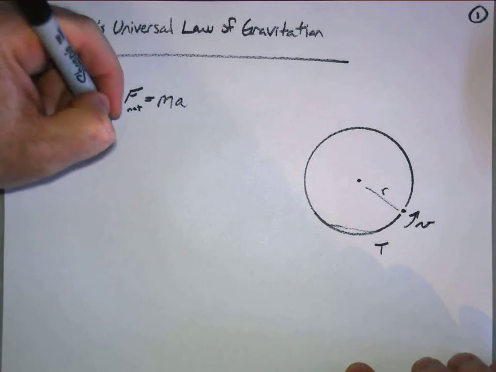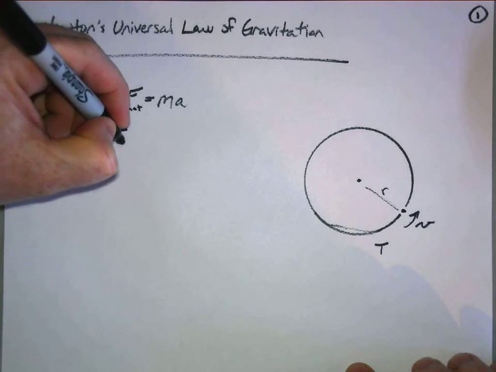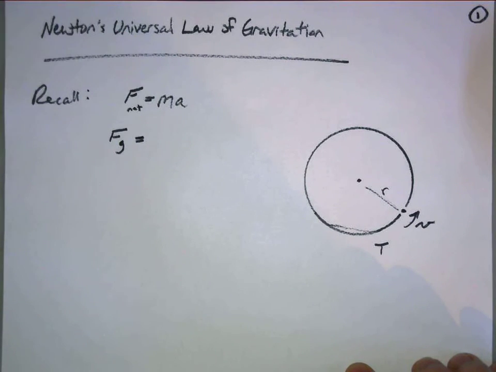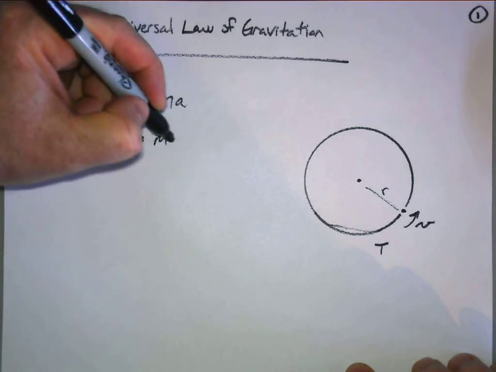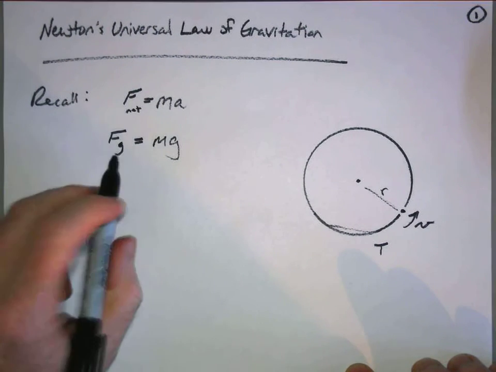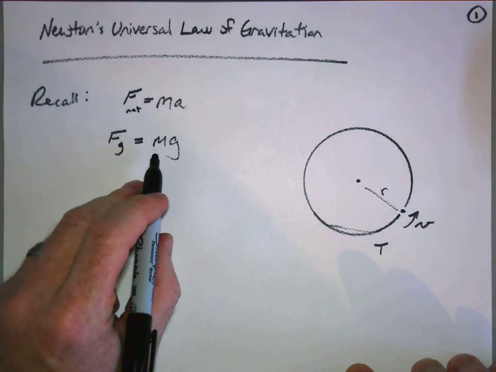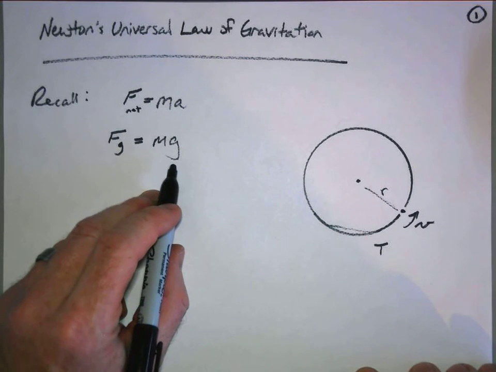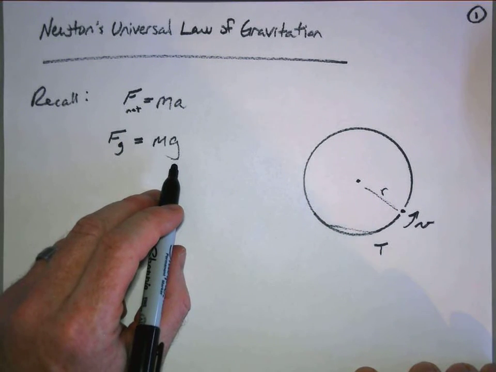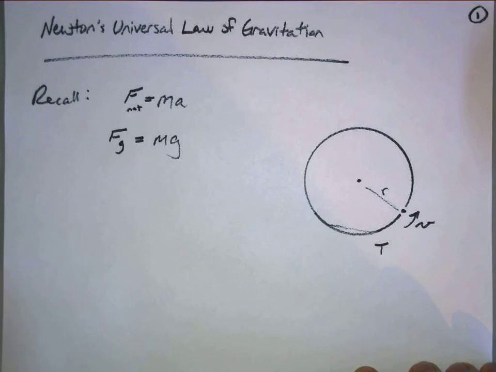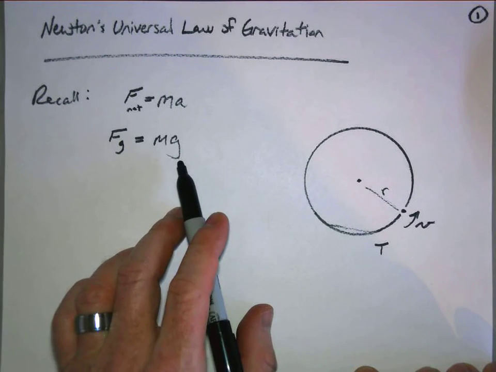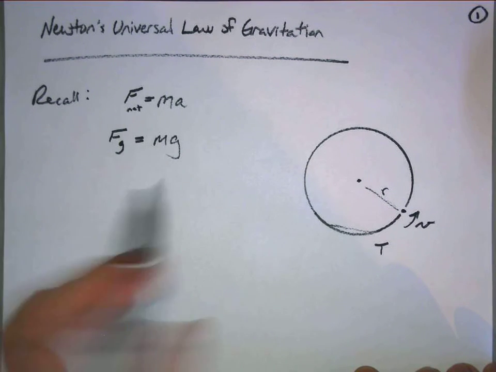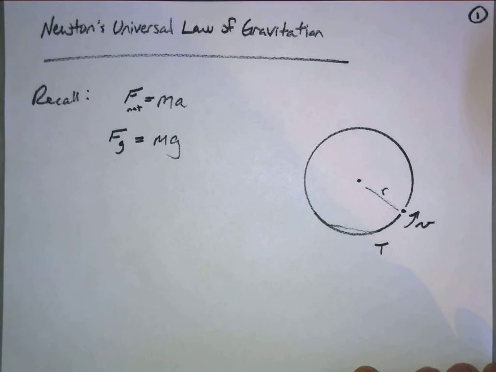Well, using Newton's second law to find the weight of an object, the force of gravity acting on an object, we simply said that force of gravity is equal to the mass of the object times gravitational acceleration, or you could say the acceleration due to gravity. But Newton actually didn't write it this way, at least not at first.